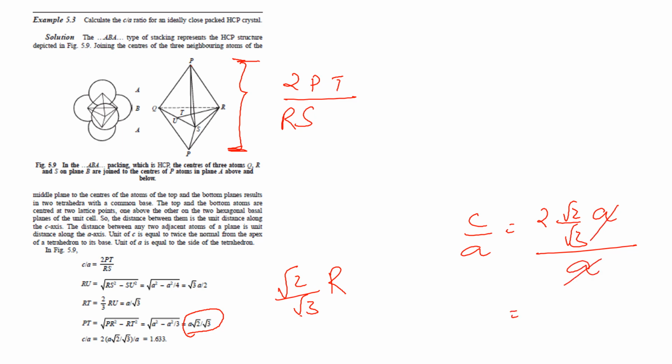So that will be 2 root 2 divided by root 3. That will be equal to 1.633, the C by A ratio. Okay. Thank you.